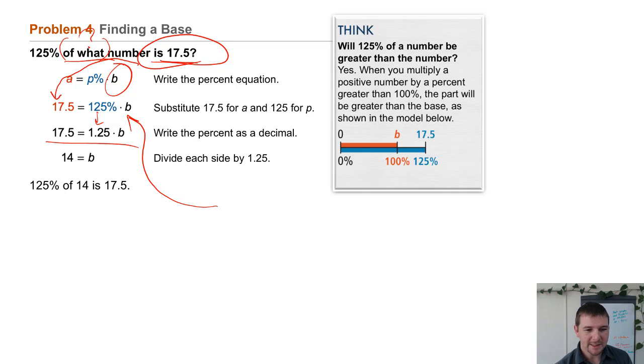Then we complete that one-step equation, divide both sides of the equation by 1.25 to find that B equals 14. So in our final answer, we state 125% of 14 is 17.5.